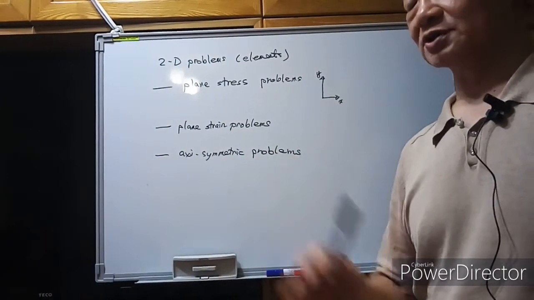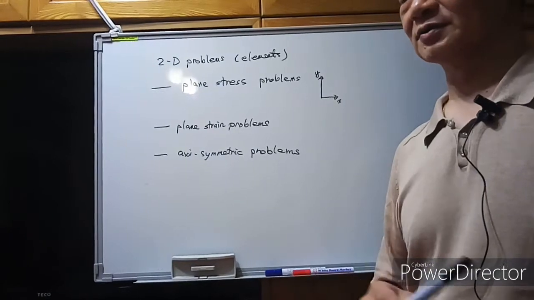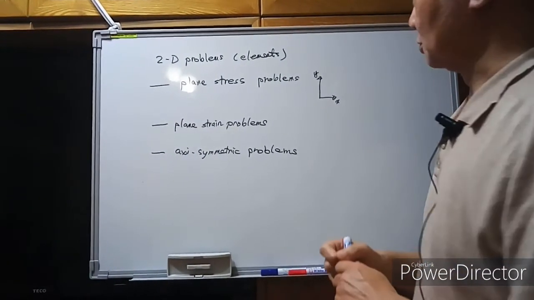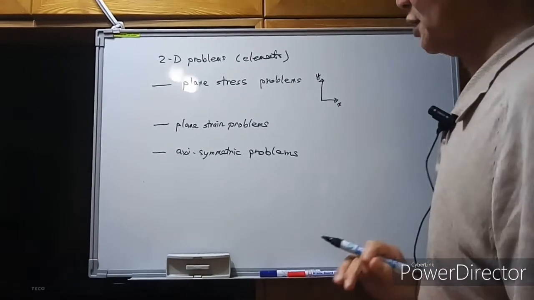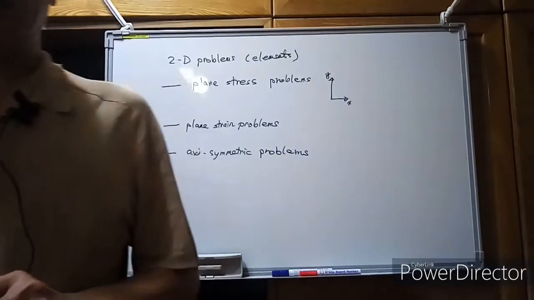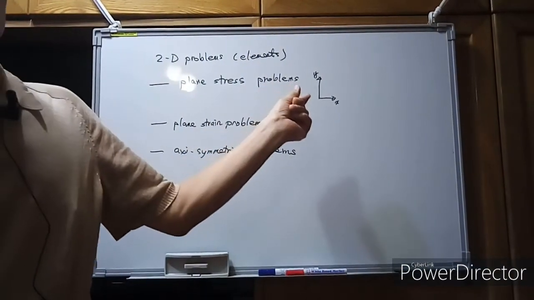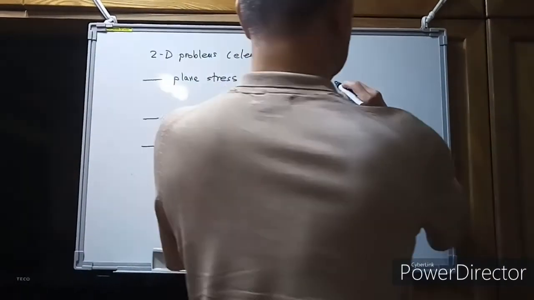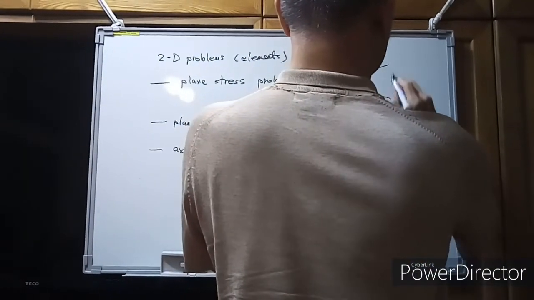For the plane stress problems, remember all structures must be three-dimensional structures. So although we use only the XY coordinates on a plane, we still have the dimension along the Z direction. The plane stress problem is a thin plate.